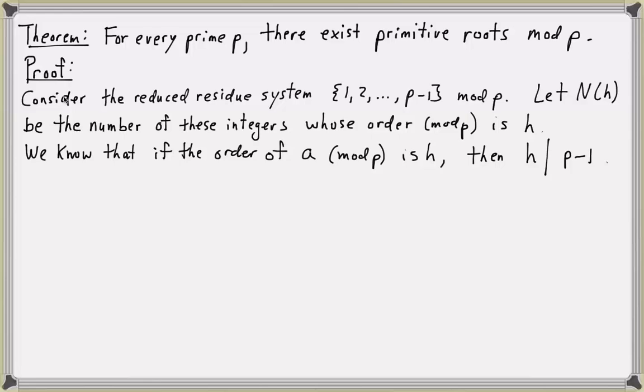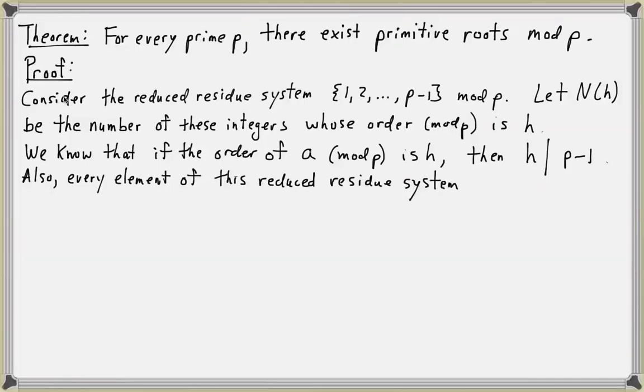We also know that every element of this reduced residue system has some order mod p, because they're all relatively prime to p.